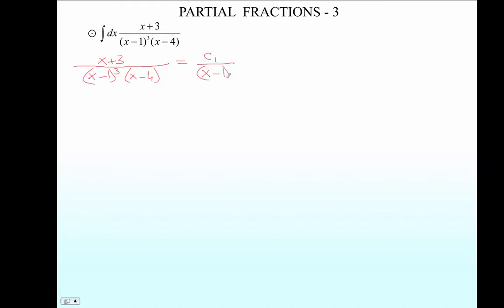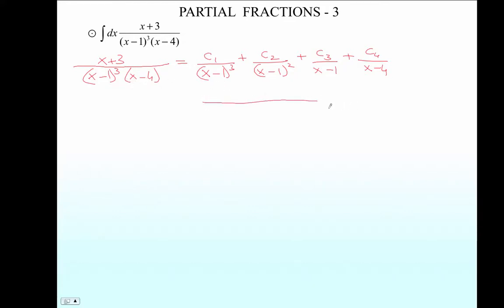So c1 over x minus 1 cubed and c2 over x minus 1 squared, c3 over x minus 1, and finally c4 over x minus 4. We expect these 4 terms because there are 3 factors of x minus 1 and 1 of x minus 4.